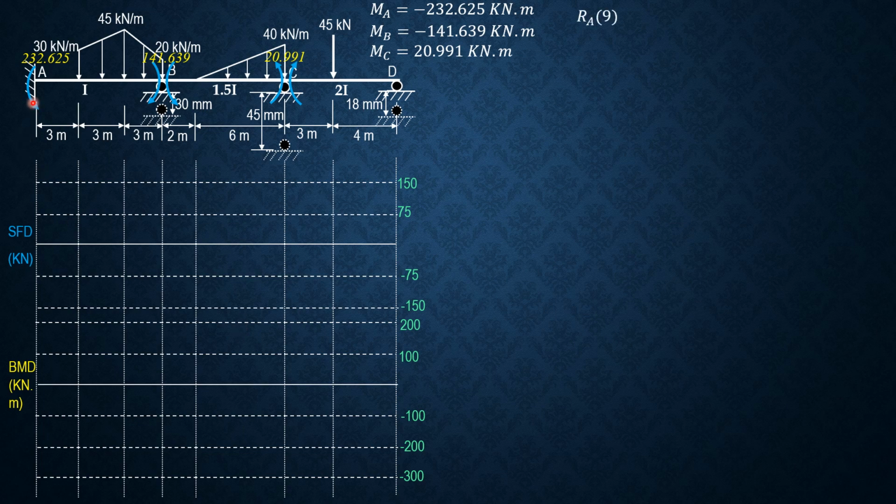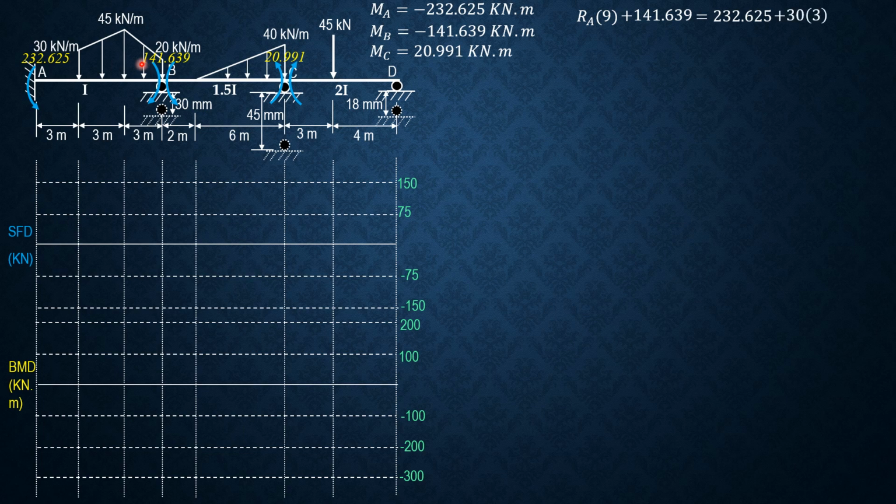So R sub A considering AB times 9 plus 141.639, rather the moment at B, then equals 232.625. The moment of the 30 kilonewton per meter uniform load is 30 times 3, then times quantity 1.5 plus 3, so 4.5 moment arm.